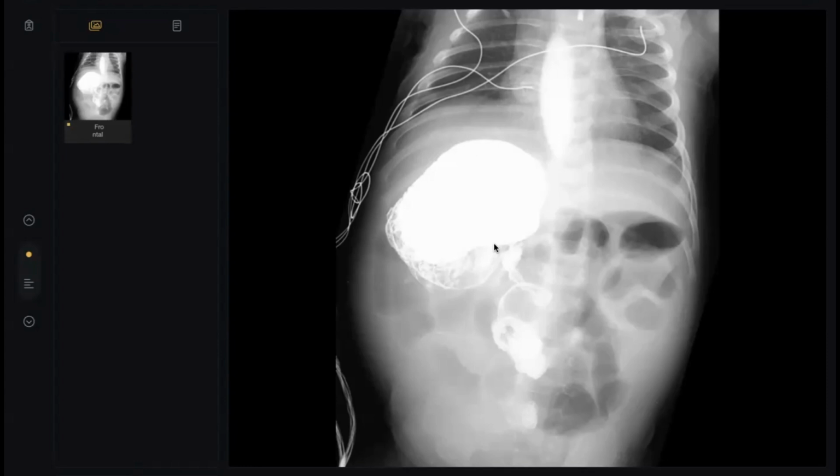Sir, I think malrotation. Okay. But what is the most specific or pathognomonic sign, when you see something and you are sure this is it? Sir, the duodenojejunal junction is located on the right of the L1 vertebra.